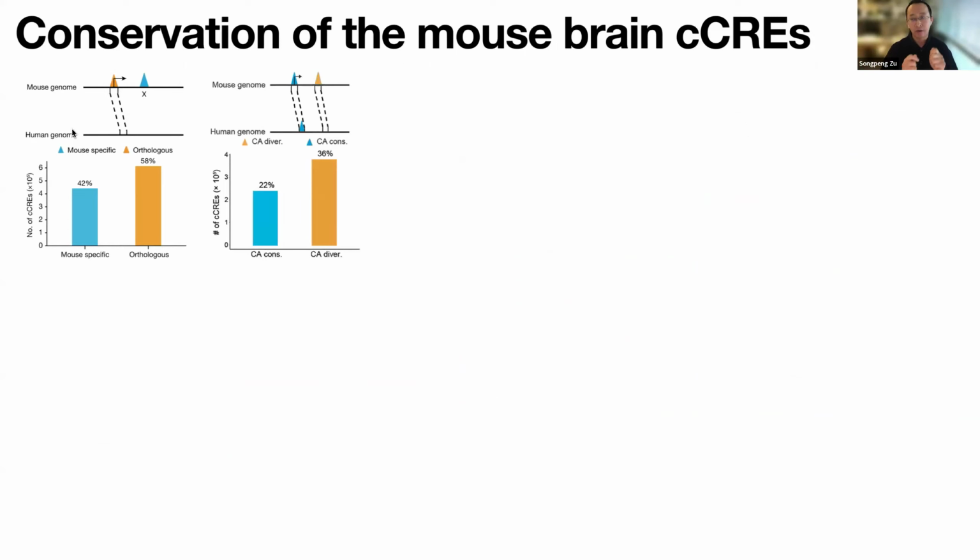You can see on the left that about 60% of our cis-regulatory elements can map to the human genome. And of those mapped, 36% of the cis-regulatory elements in our data can map to at least one cis-regulatory element in the human data.